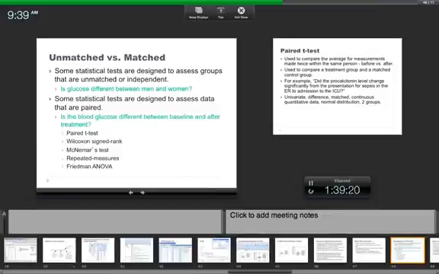And a different question, for example: is the blood glucose different between baseline and after treatment? From the same person, you're comparing the before and after, and that same person is the link between the data. And therefore the paired t-test, or some of these tests that are for matched or paired samples, would be more appropriate than the independent tests.